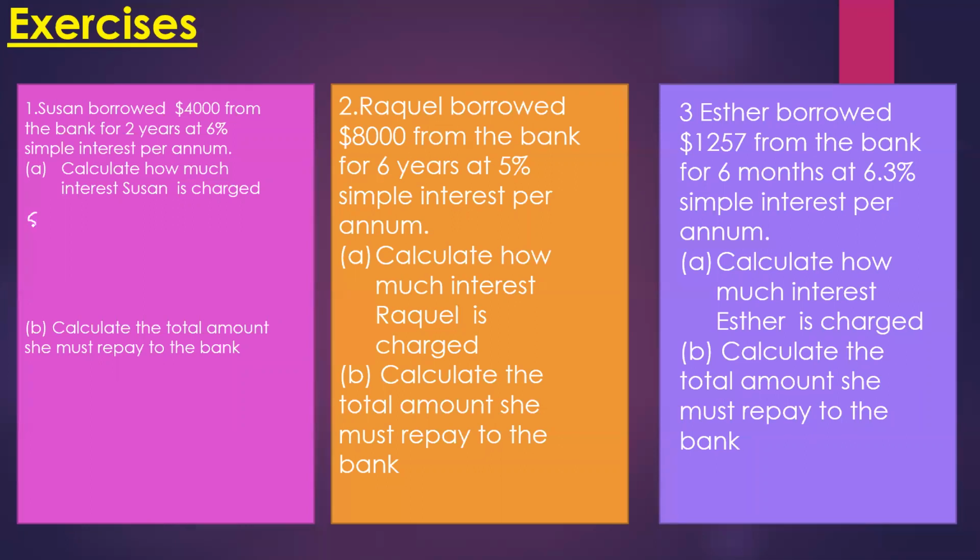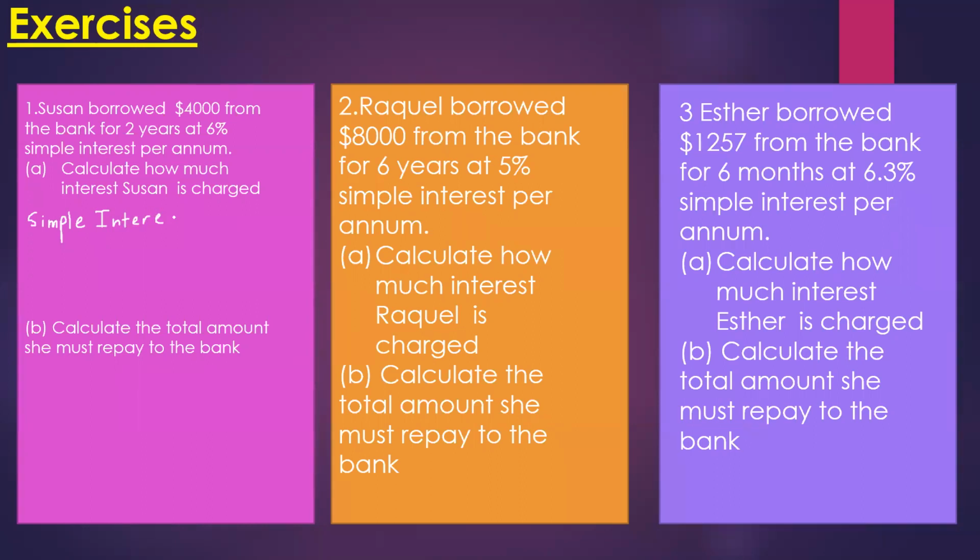So the simple interest is going to be what? It would be 4,000 times 6 times 2 over 100.